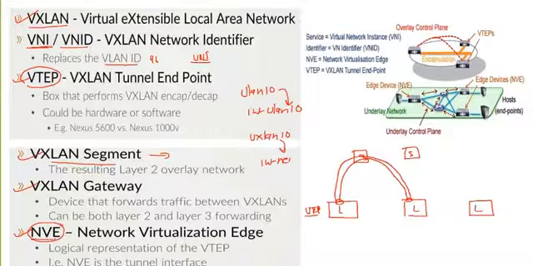It is a logical representation of the VTEP. It's a tunnel interface through which the tunnel will be created, just like the interface tunnel you configure in GRE. So it is the interface, the network virtualization edge.